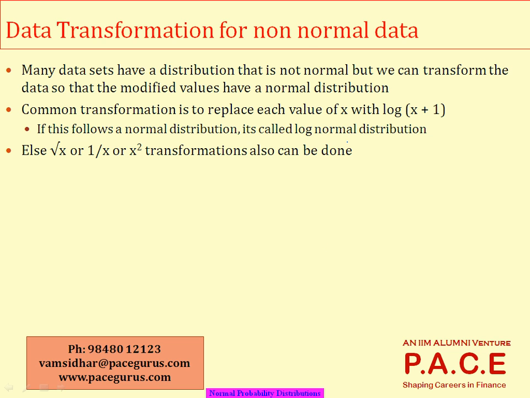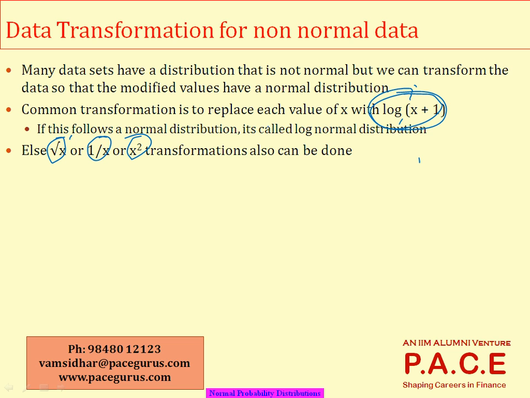The most common transformations which people do are either a log transform, or a square root transform, or a reciprocal transform, or a square transform. For the log transform, each value of the original data, you make it log x plus 1.